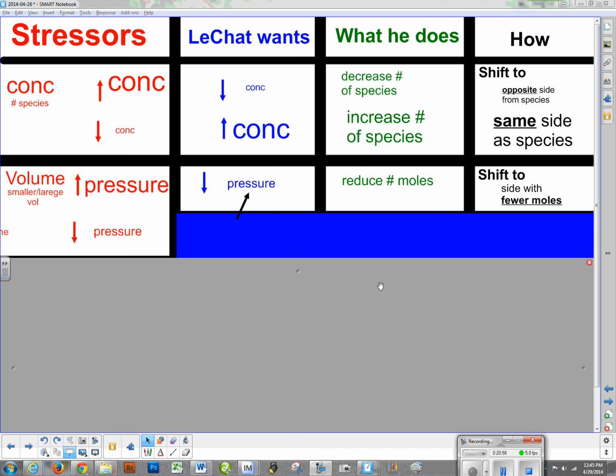Okay, so with the pressure going up, what LeChatelier has to do to reduce the pressure is to reduce the number of moles. When he reduces the number of moles, he has to go to the side of the equation that has fewer moles. So if the equation has the same number of moles on both sides, he can't do anything. His hands are tied. But if they are different, he can make some adjustment.